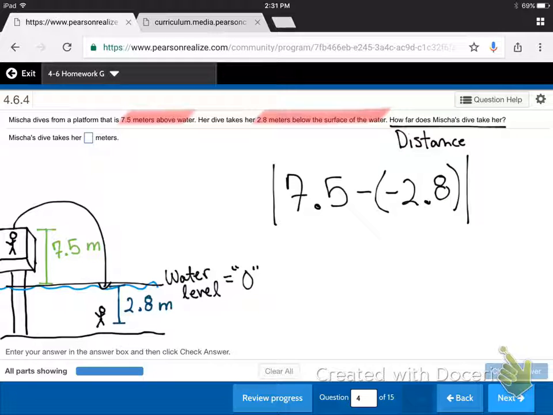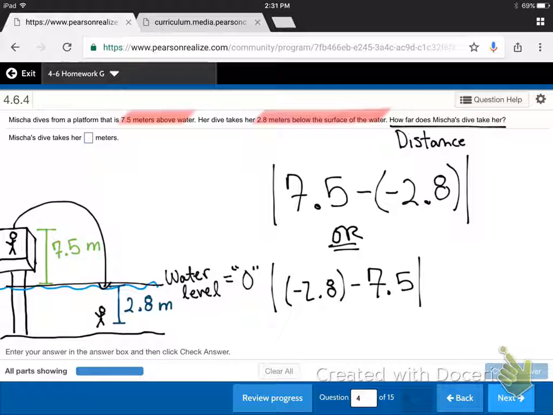So we know distance, 7.5 minus negative 2.8. Again, the water level would be 0. So 2.8 meters below would be like negative 2.8, all right? We could rewrite this as the absolute value of negative 2.8 minus 7.5, exact same thing.